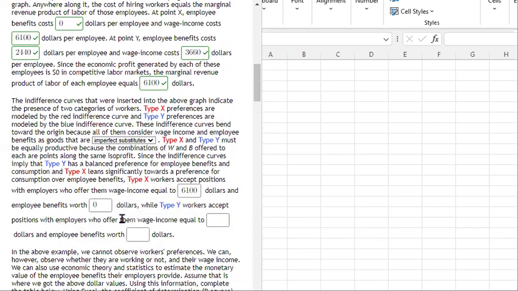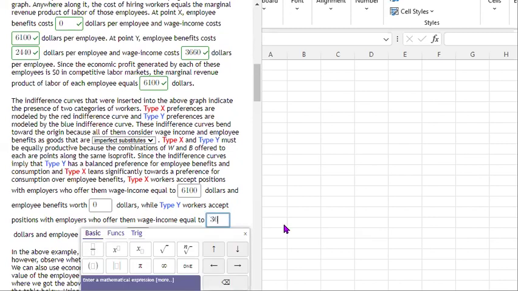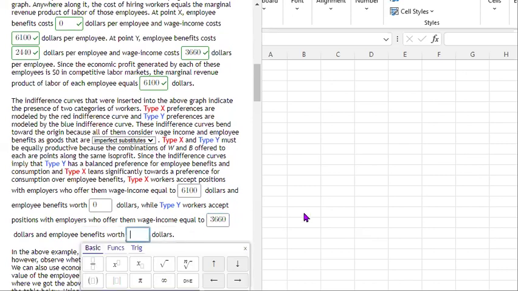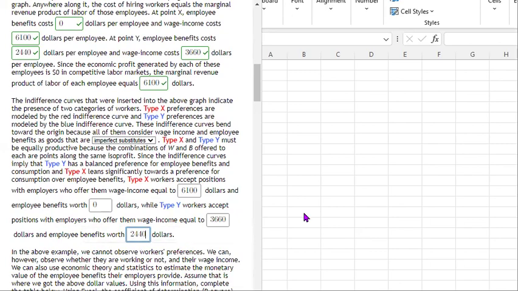While type Y workers accept positions with employers who offer them a wage income equal to $3,660 per month and benefits worth $2,440 a month.